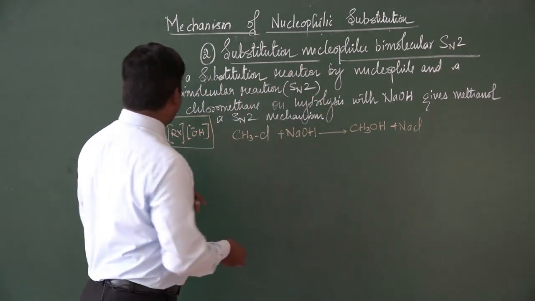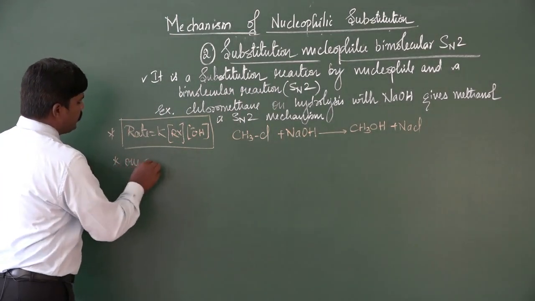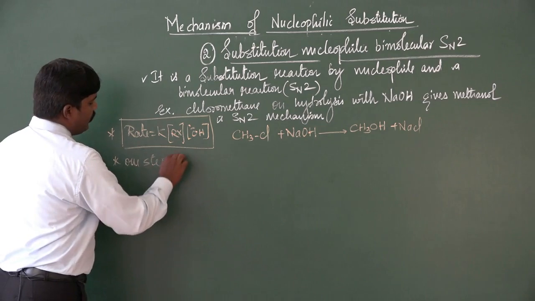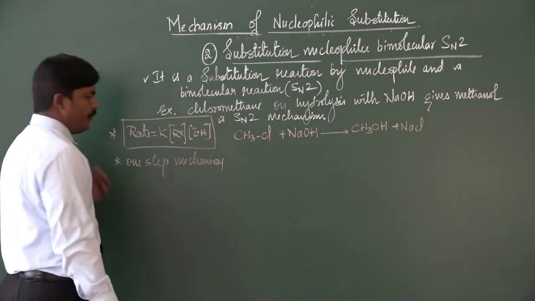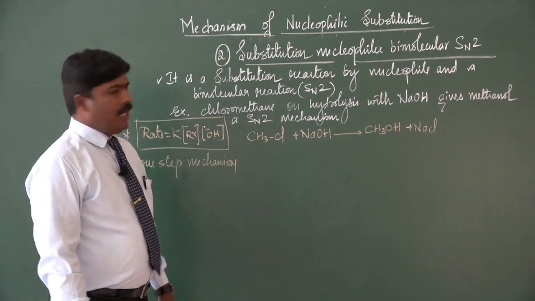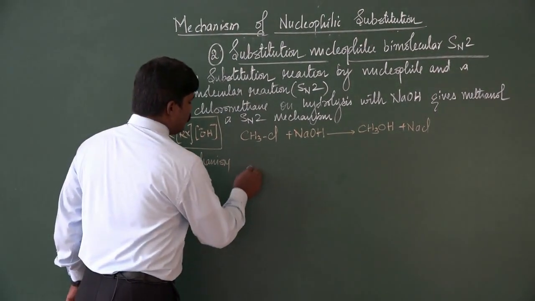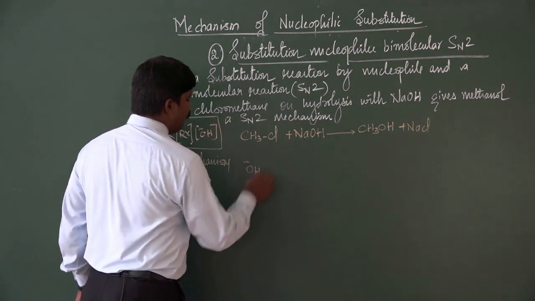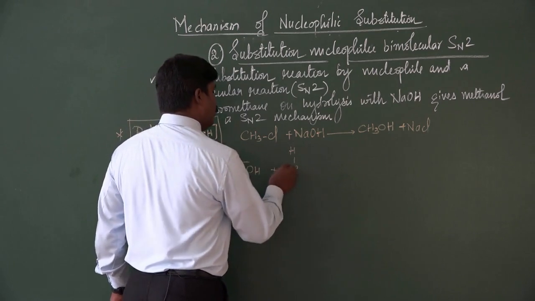We also say it is a one-step mechanism, or a one-step reaction. Let me give a brief idea about this. So, OH minus, a nucleophile, attacks chloromethane.